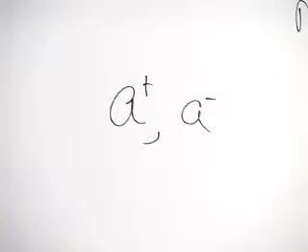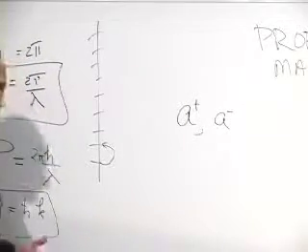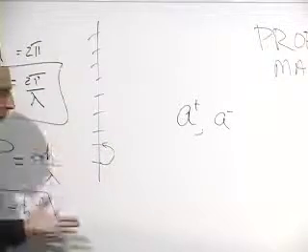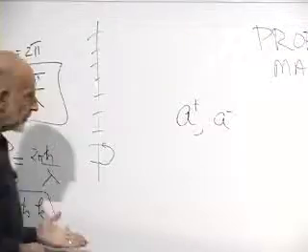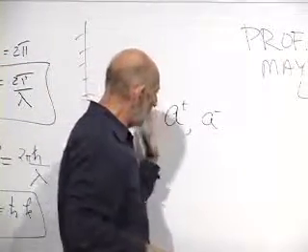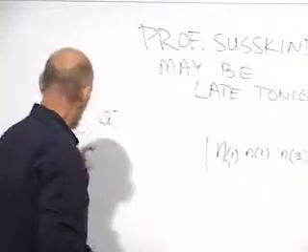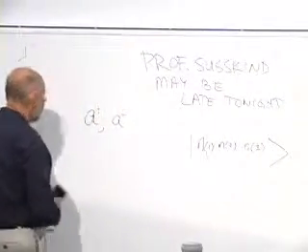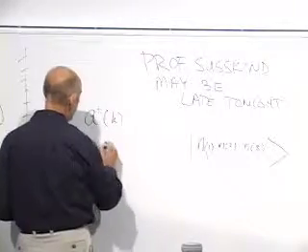A plus increases, these are the energy levels of the oscillator. It takes you from 0 quanta to 1 quanta, 1 quanta to 2 quanta, and so forth and so on. And A minus takes you back down. Okay? So there's one A plus and one A minus for each momentum. So they should be labeled as A plus of k and A minus of k.